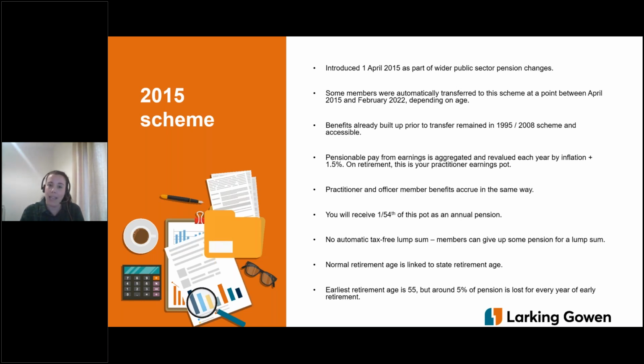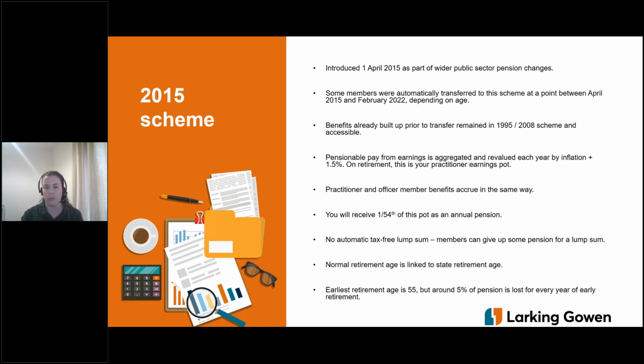Again, your pay is aggregated, combined, revalued each year by inflation plus 1.5%. So not much has changed for GPs in that respect. However, there is again a different accrual rate. So for this, you receive a 54th of your pay as an annual pension.